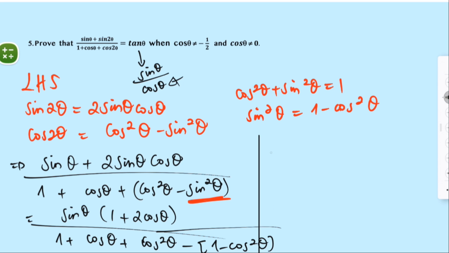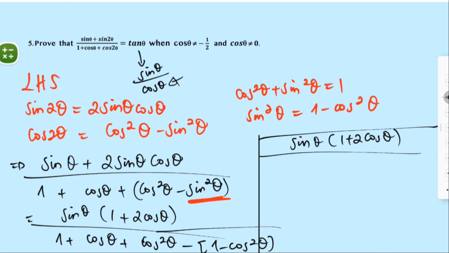Okay, so now sine theta parentheses 1 plus 2 cos theta all over 1 plus cos theta plus cos squared of theta minus 1 plus cos squared of theta.